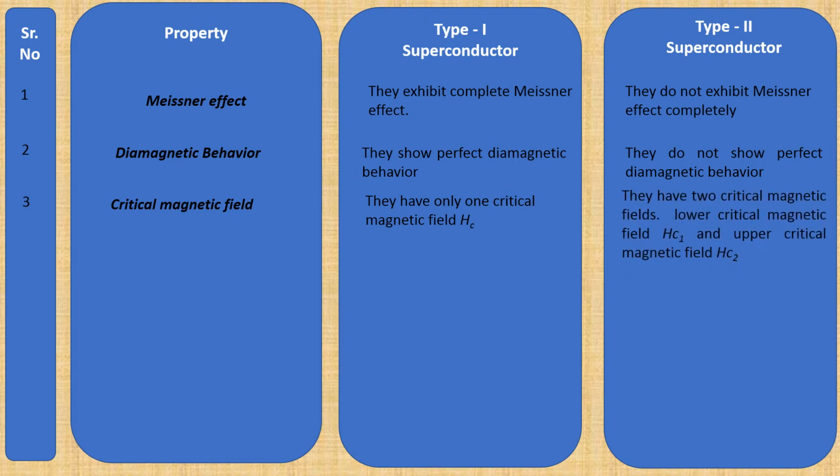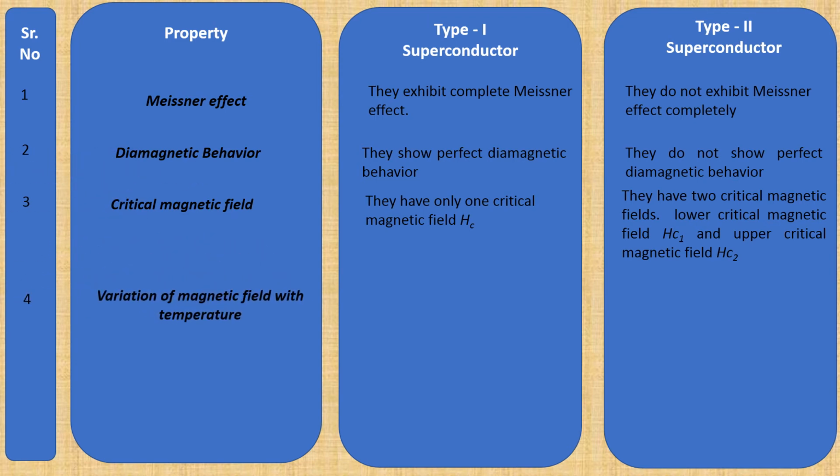A type 2 superconductor has two critical magnetic fields: the lower critical magnetic field, Hc1, and the upper critical magnetic field, Hc2. Instead of a single critical magnetic field, type 2 has two, which we'll see in the diagram.